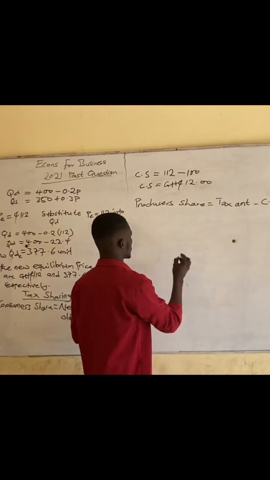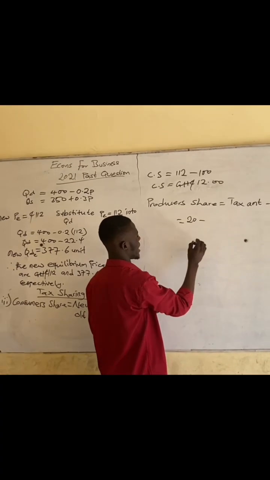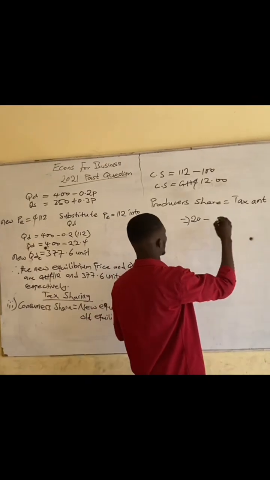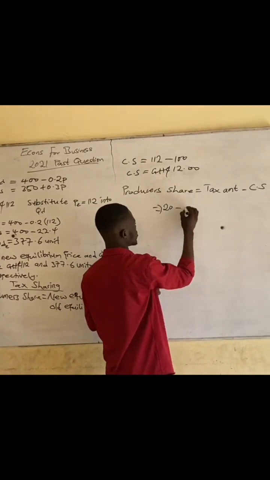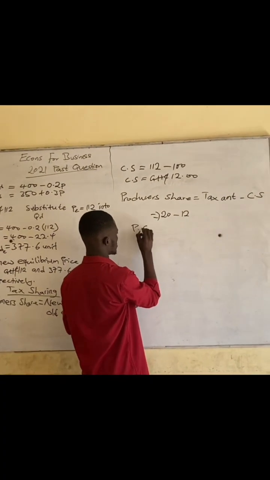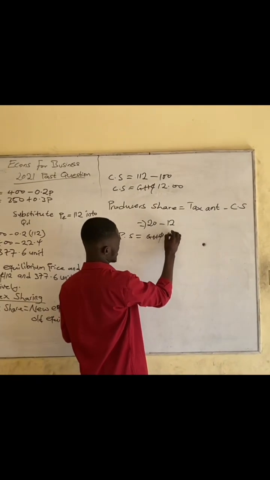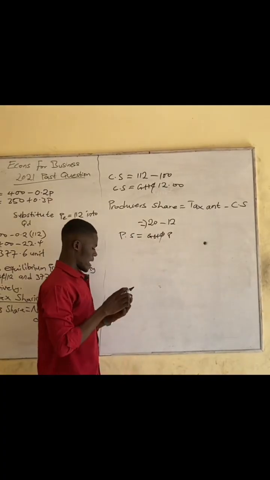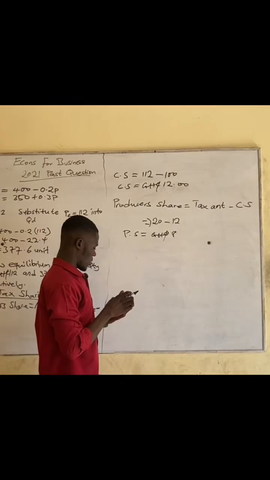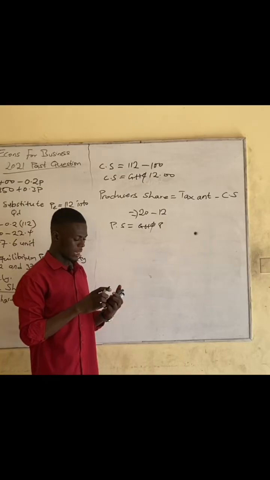Our tax amount was 20 cedis, minus the consumer share, which we found to be 12 cedis. So the producer's share is equal to 8 cedis.